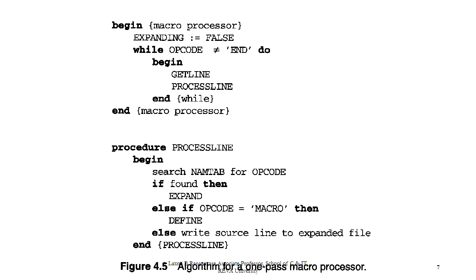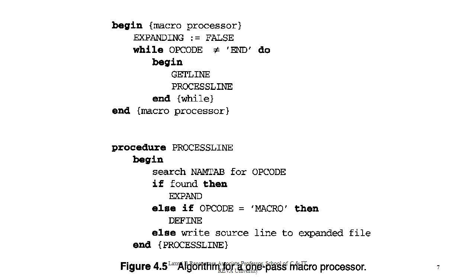Now when the opcode is not end, then that opcode first you have to search in the name table. That means we are first searching whether that opcode is a name of the macro or not. If it is found that it is the name of the macro, then you are going to expand that, whatever is the set of instructions there in that macro, we are going to replace that in the macro call. So that is called expand.